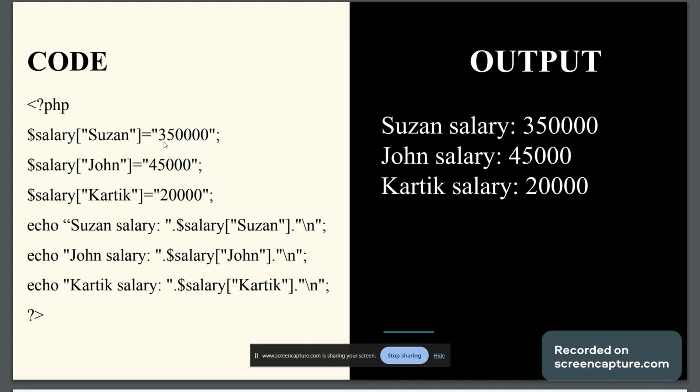Here there is no use of the arrow operator, a simple assignment is done because this key is going to have this value. Key is nothing but your index to identify this value, but it is a complex one because we cannot write this much code.